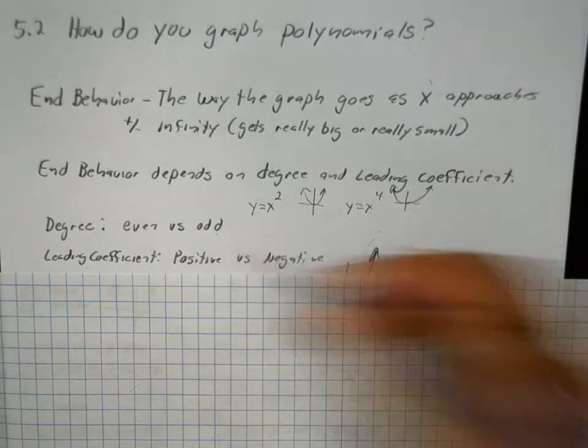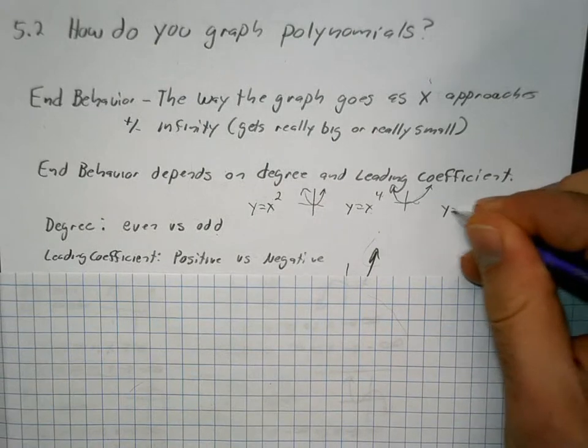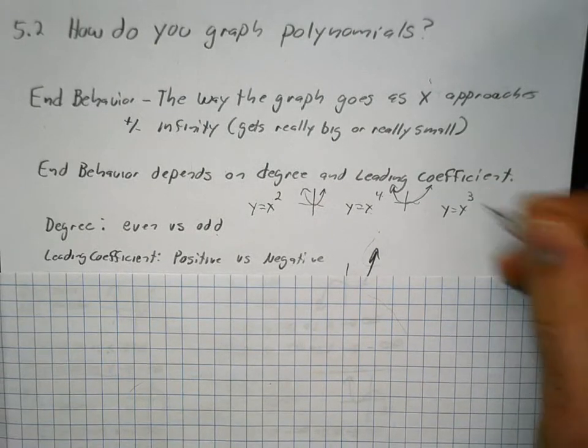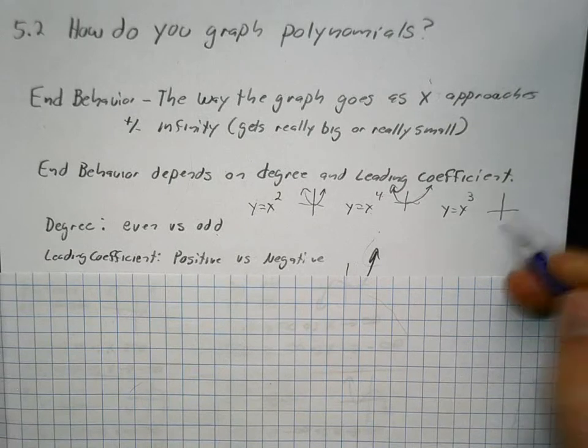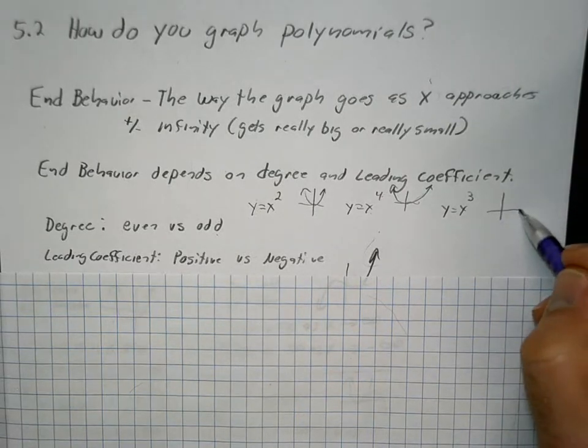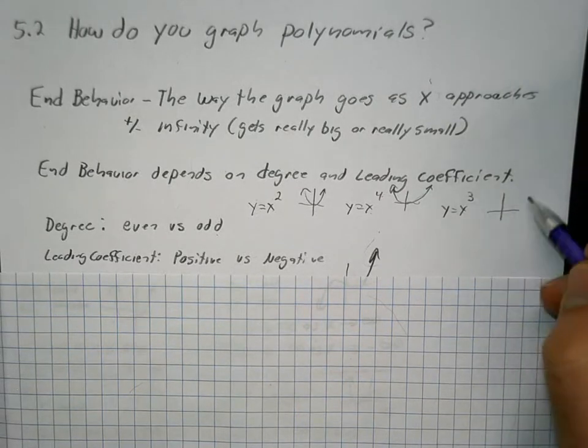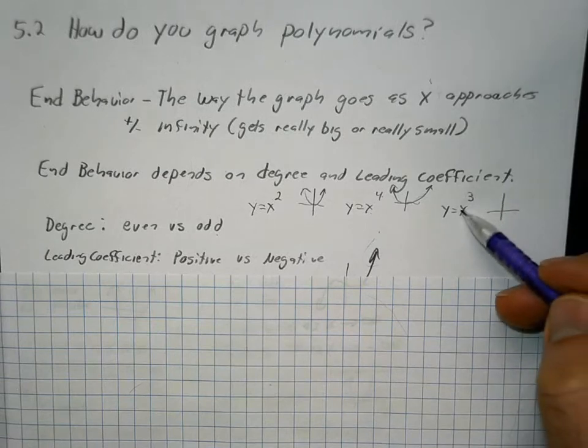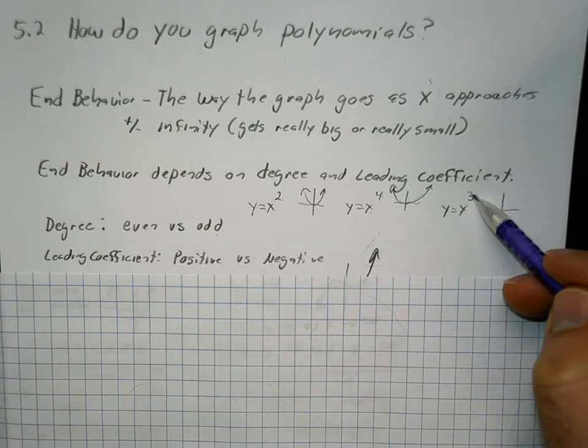Okay, if I have an odd exponent, however, like y equals x cubed, what happens then? Well, when I plug bigger positive numbers in there and I cube them, they're going to continue to increase. However, if I plug negative numbers in, when I take a negative number to an odd exponent, it gives me a bigger negative number.